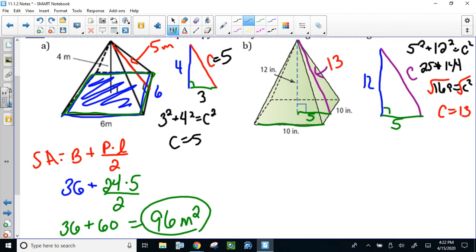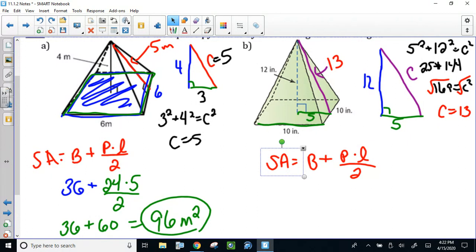You're going to see, we're going to try and keep these as much as we can to whole numbers so that they're easier to calculate with. But once we have that slant height, now we can just plug it on into our formula. So we're going to do our base area plus the perimeter of the base times the slant height divided by 2. So that way it's just a quick, easy formula and no extra math working on there.